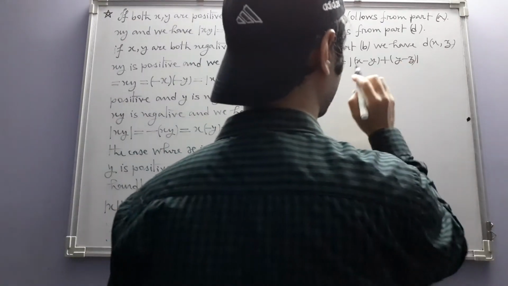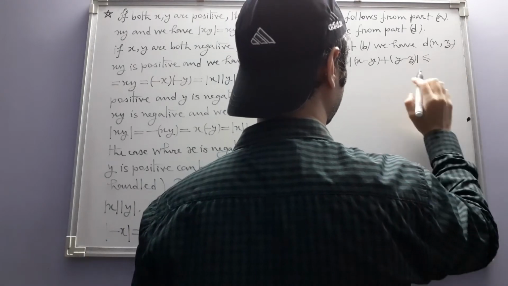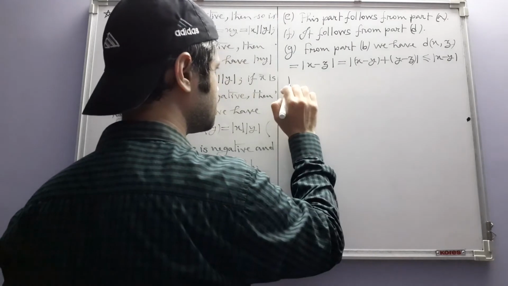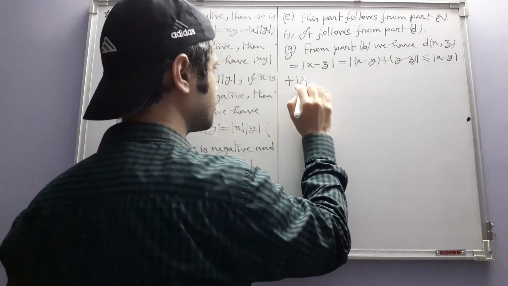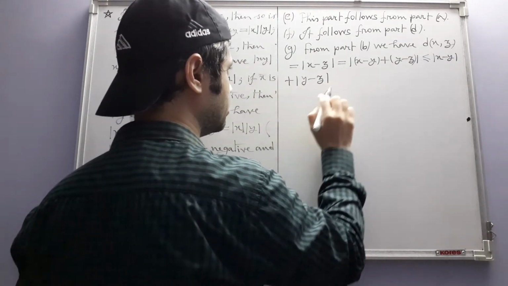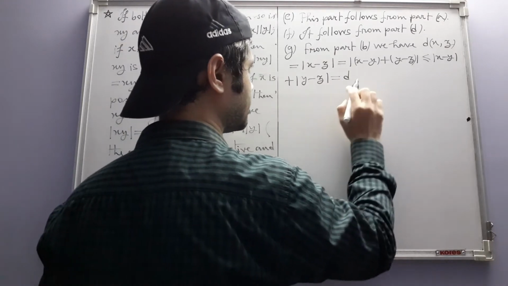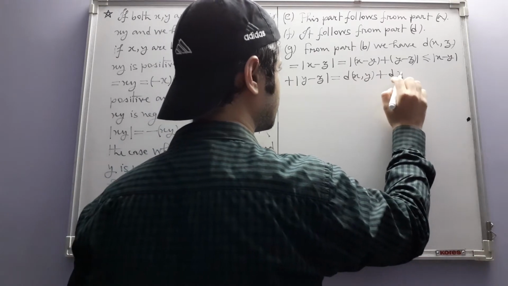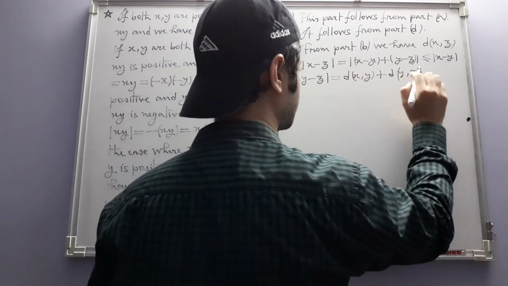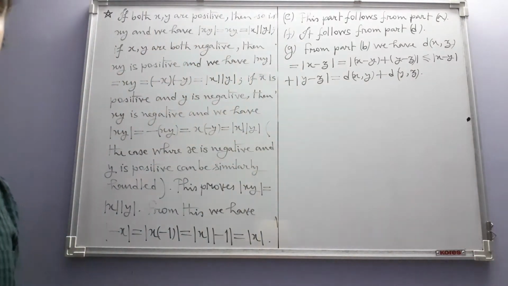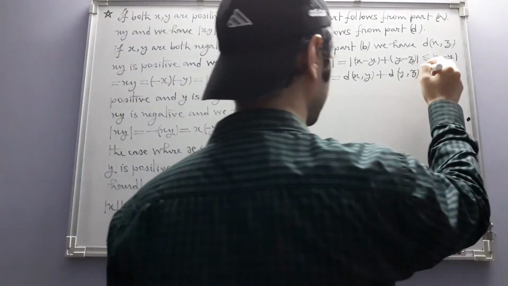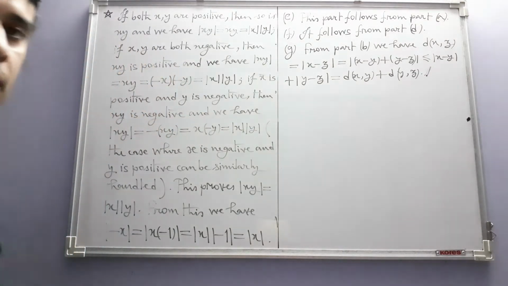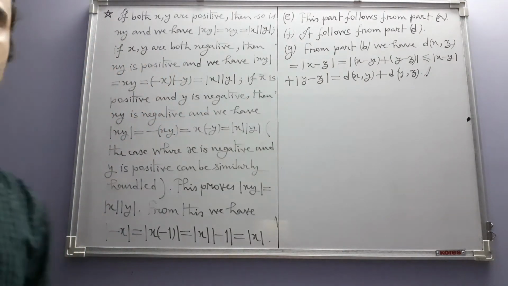Now we use part B, that is triangle inequality for absolute value. It's equal to this plus y minus z, which are nothing but this and this respectively. So that is the triangle inequality for distance. This completes the proof of part G, and hence the proof of proposition 433, and hence the solution to this exercise.